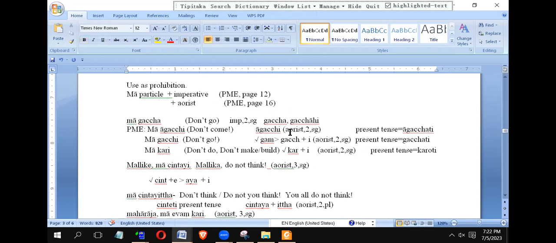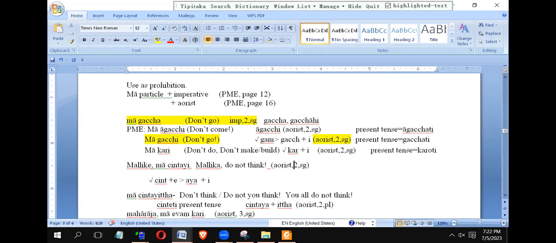So let's see. This is ma gaccha, and this is ma gacchi. So ma gaccha is imperative second person singular, and ma gacchi is also aorist second person singular. Oh sorry, I made a mistake.